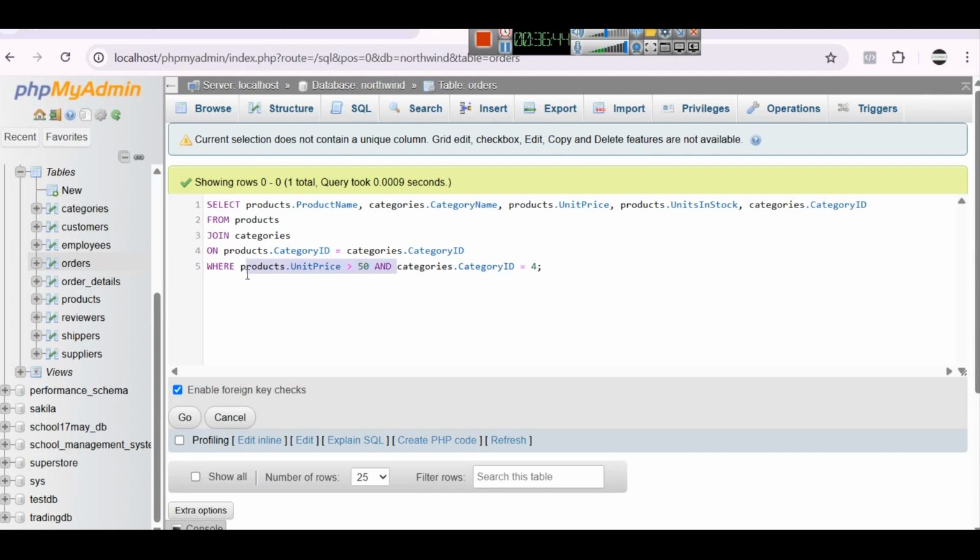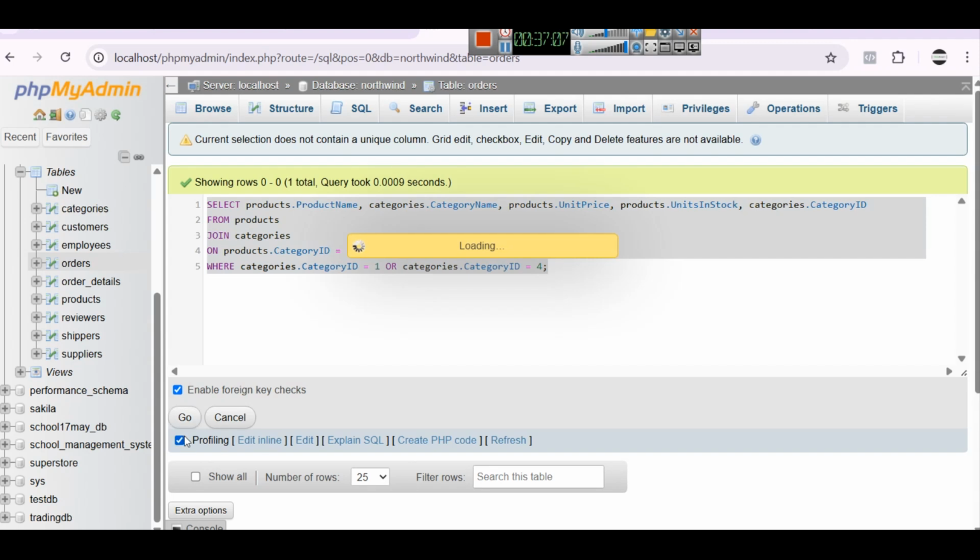You can write or like this, like where categories dot category ID equal to 1 or categories dot category ID equal to 4. And because we are also selecting category name, we can write name also, but this is one example.